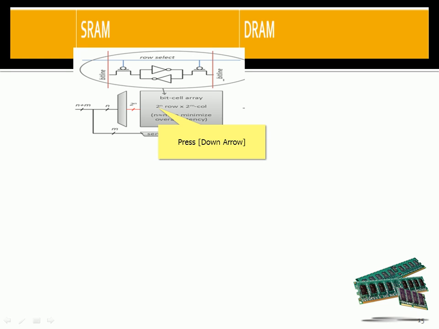The row address goes to the row decoder, that is 2 power n, and the column address goes to the write circuit along with the column decoder. So the entire information goes to that memory cell. There is a chip select and read/write bar signal, so from this guidance, the read or write action will take place.